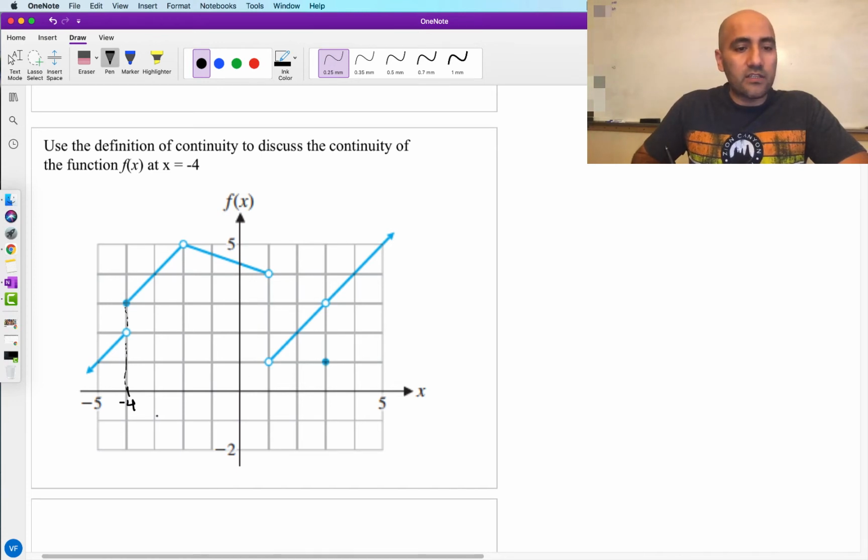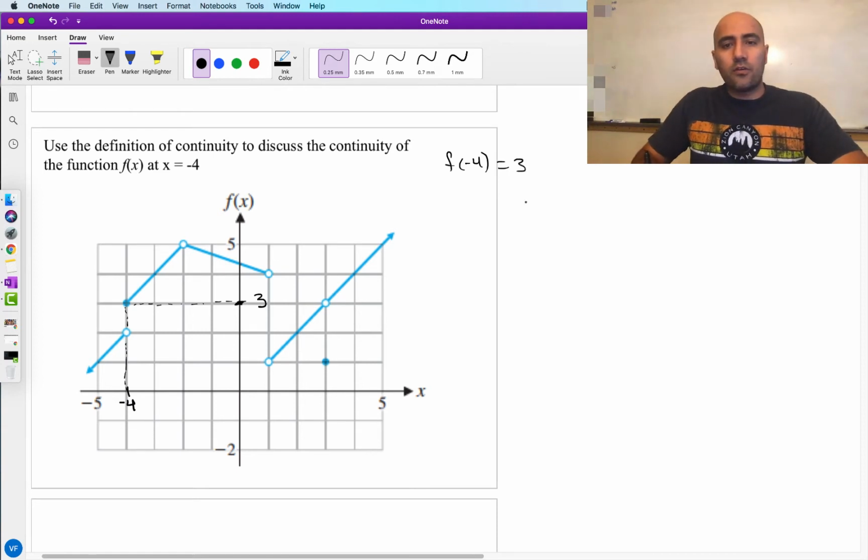Let's write down some things we can tell about our function f of x at -4. So at -4, notice that f of -4, if we just evaluate at -4, it'll trace from there to there and trace across to here. So that's 1, 2, 3. It traces over to 3. So f of -4 equals 3.